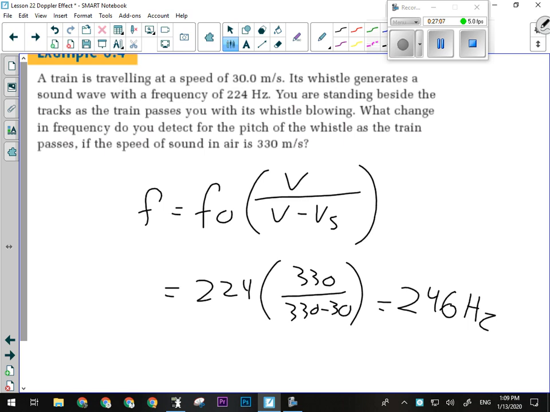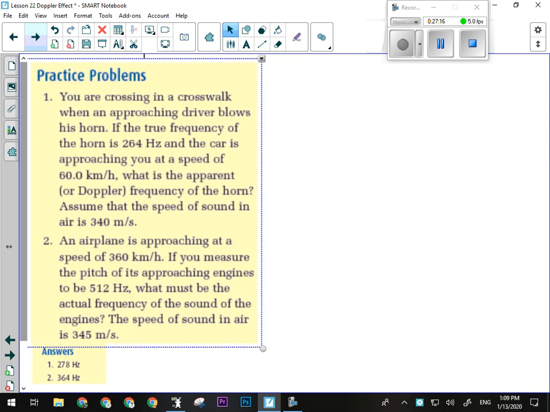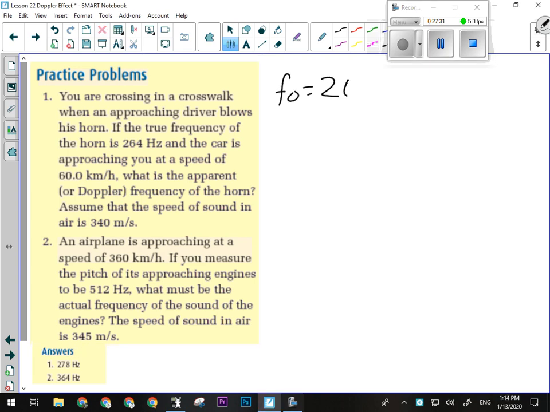Okay, questions on that one? I want you guys to try these two here. So for question number one, we're crossing a crosswalk, and an approaching driver blows their horn. The true frequency is 264 hertz. That's FO.